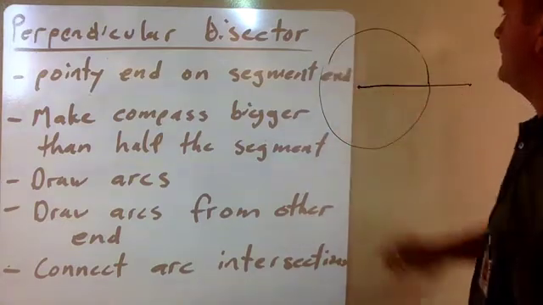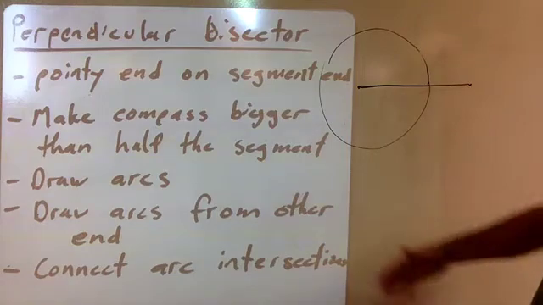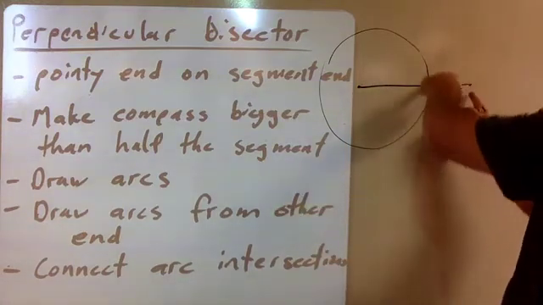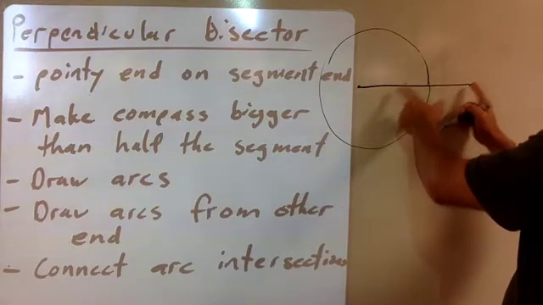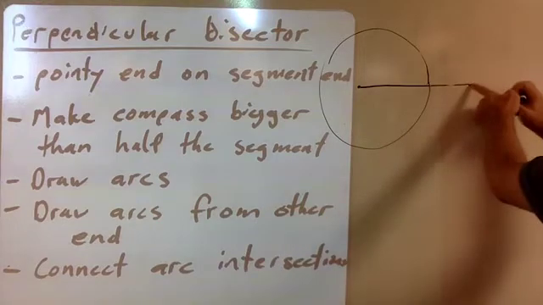like that. Okay? The reason that step 2 is important is because in step 4, we're going to stick the pointy end over on the other side of the segment and draw the same size circle as this. So if our compass was this big, it's going to be that big still.